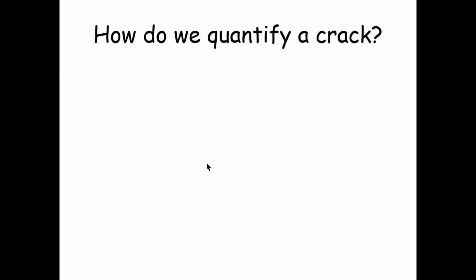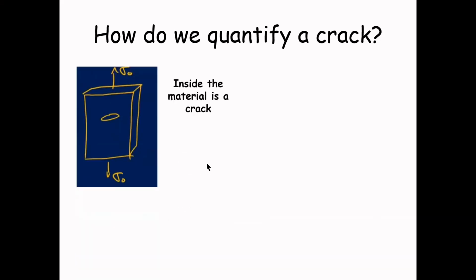So how do we quantify a crack? So let's say that we have a material and we apply stress to it. Let's call it sigma naught. Let's say inside the material we already have a crack here.